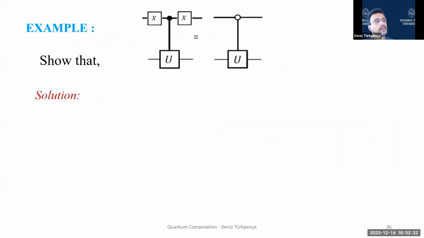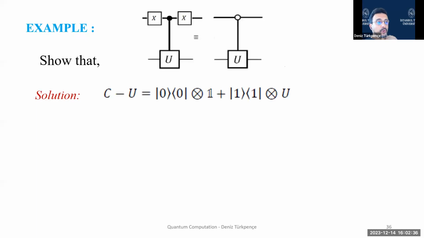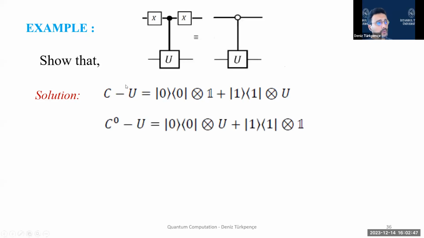So again, we can solve this proof identity first by reminding the control U gate Dirac representation. This was a Dirac representation. Likewise, the control U gate with open node control can be represented by this Dirac representation.